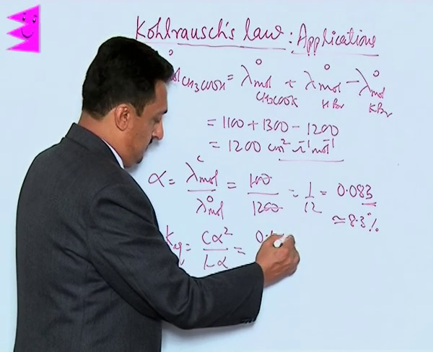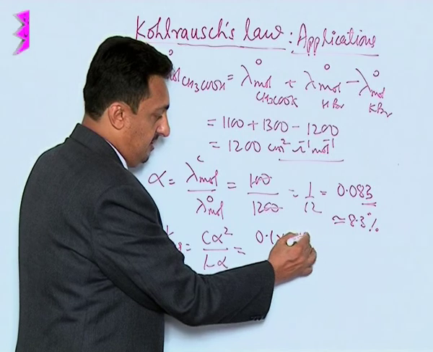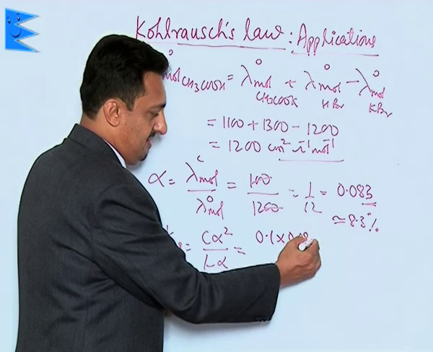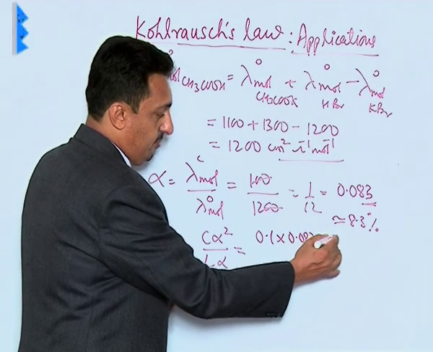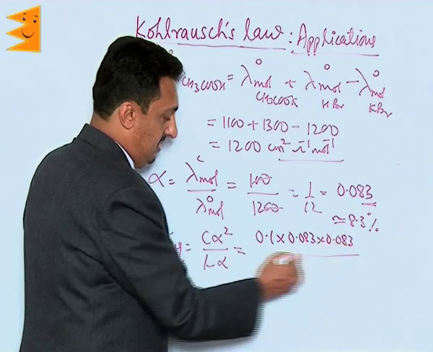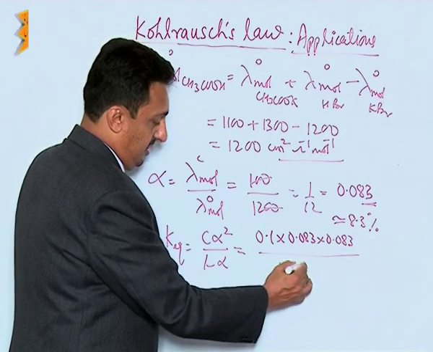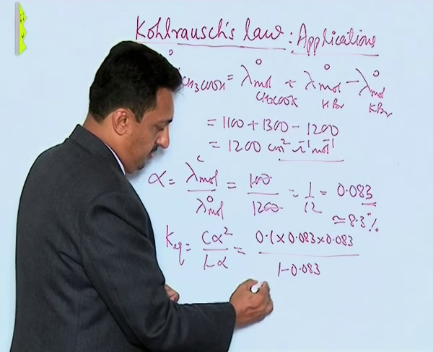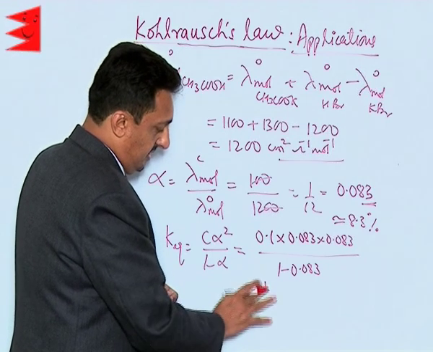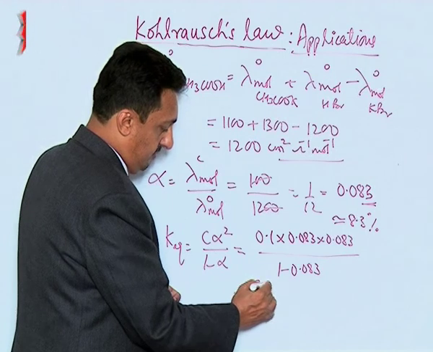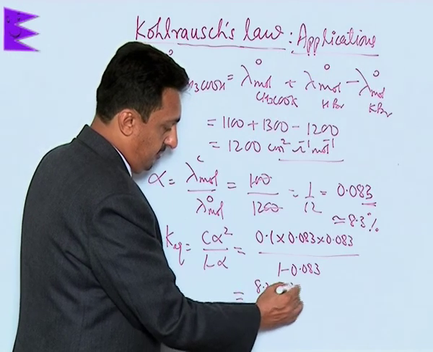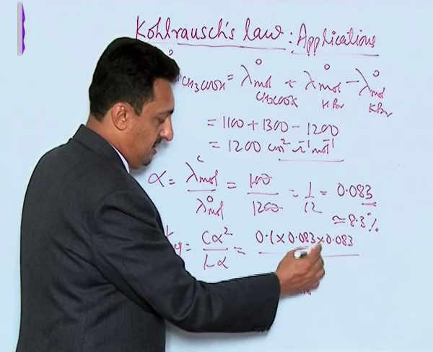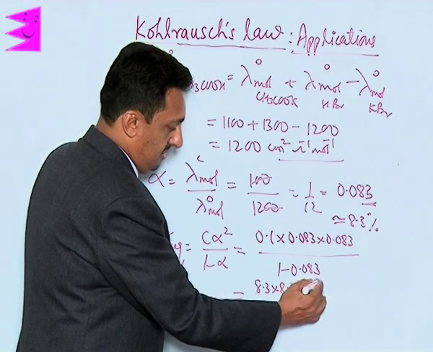So, it will be 0.1 into 0.083 into 0.083 upon 1 minus 0.083. Or we can write it as 8.3 into 8.3 into 10 to the power minus 5.